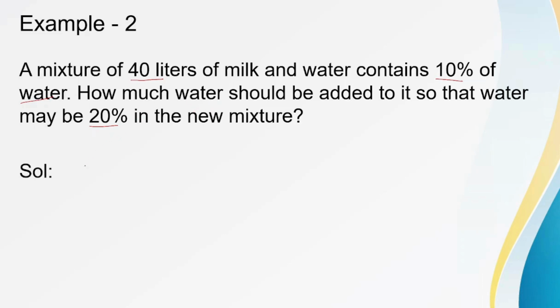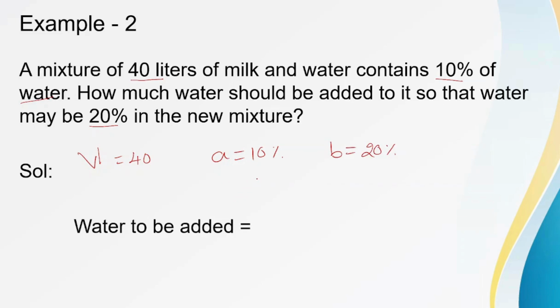So here the volume of mixture V is 40, the original percentage of water A is 10%, and the required percentage B is 20%. So the water to be added can be calculated as V into (B minus A) by (100 minus B).